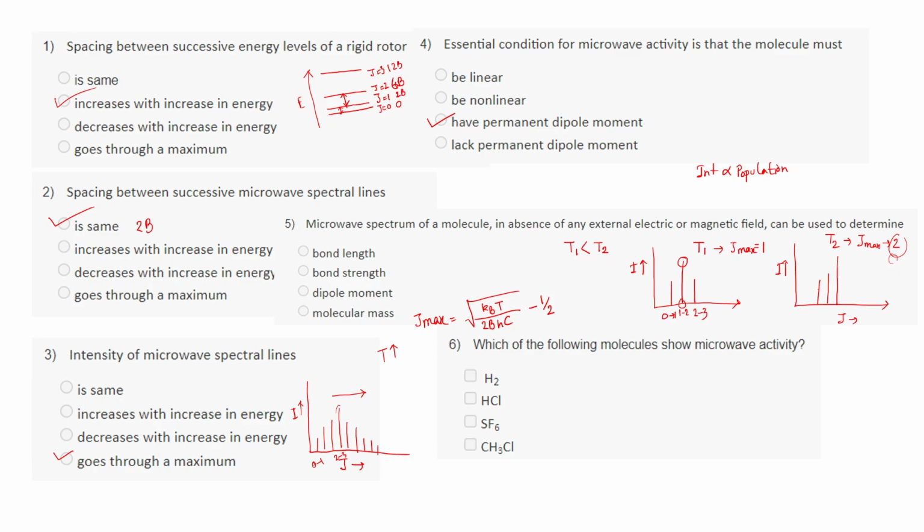Okay, now the next question is, the microwave spectrum of a molecule, in the absence of any external electric or magnetic field, can be used to determine what? Bond length, right? What about dipole moment?